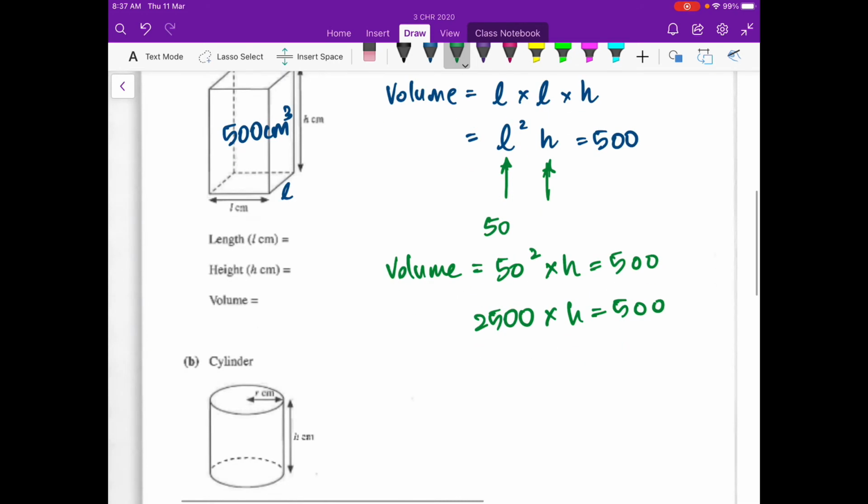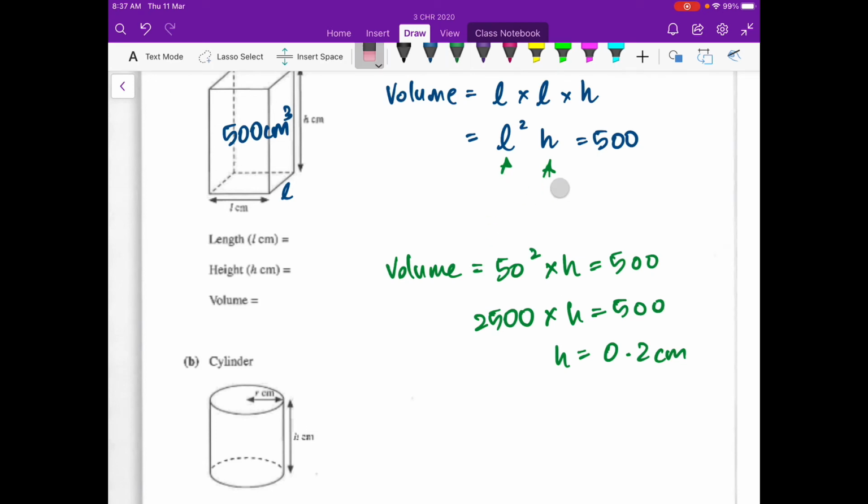So H will have a value of 500 divided by 2500, which is 0.2 cm. A bit too small. But I mean it works. Okay, but in real life you probably wouldn't want to make a container that is so thin. 0.2 cm only. Okay? So other suggestions.